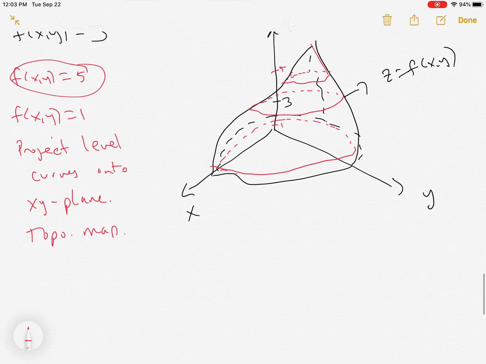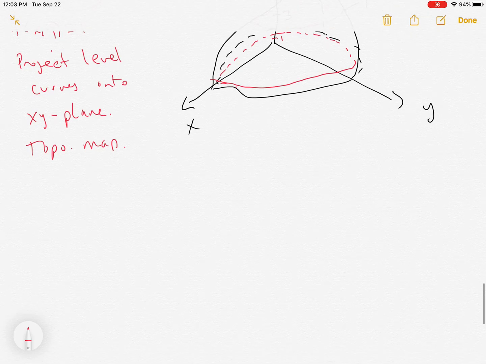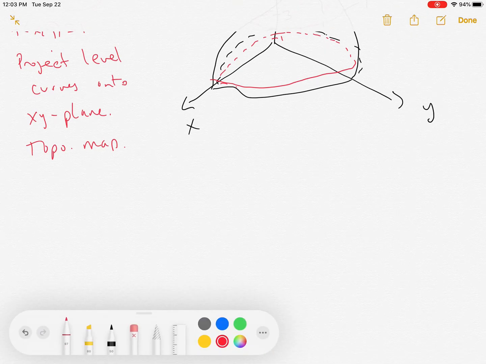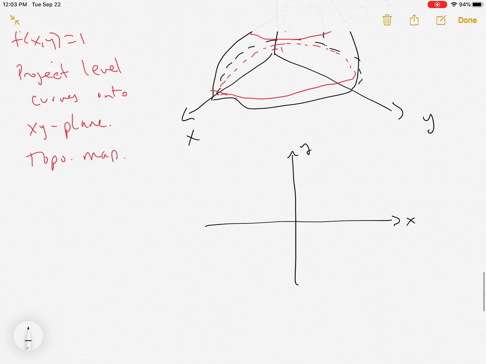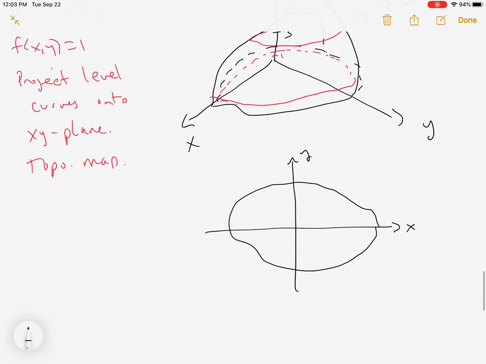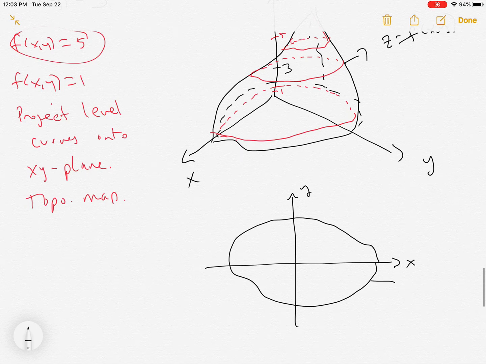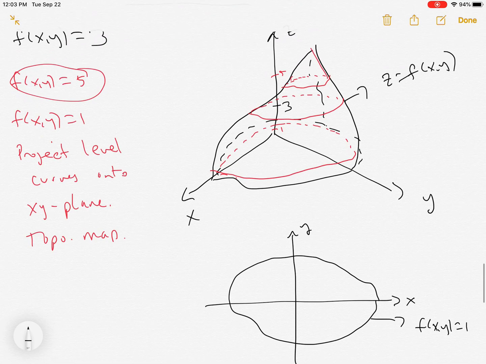Okay. And so maybe for this example, if I said plot the level curves of this on the XY plane, you would go like that, and you'd go like that, and you have X and Y. And so the first one would be probably like that. That's where f of x, y equals 1. And then the next one would be at, what did I do, 3?